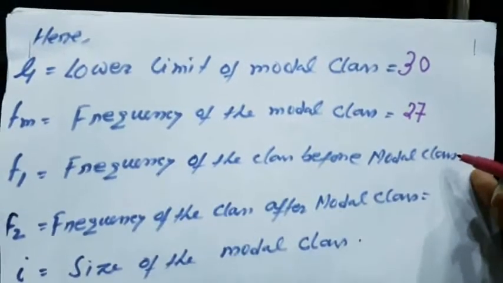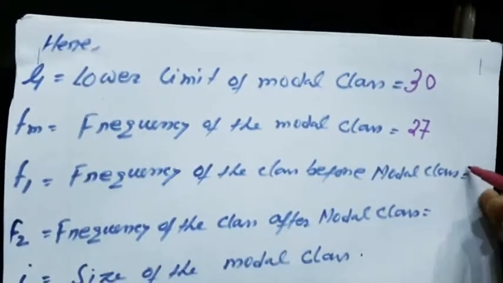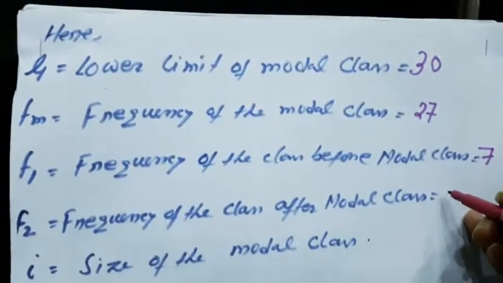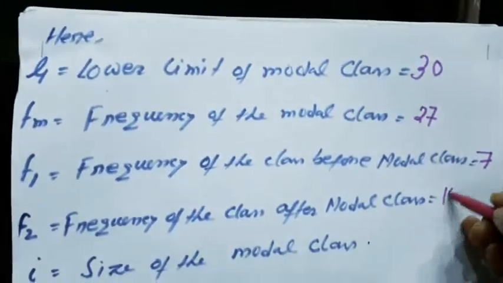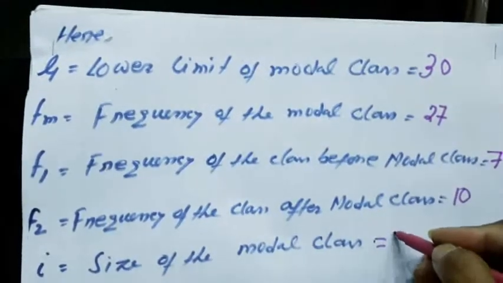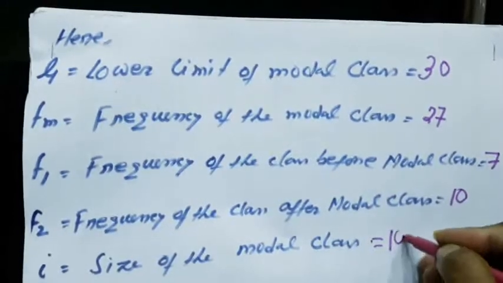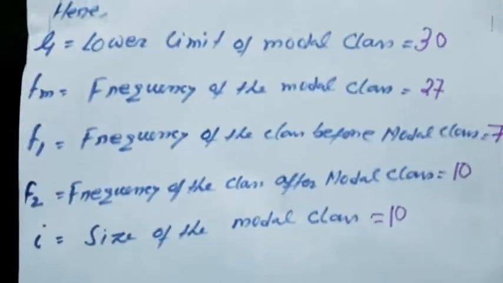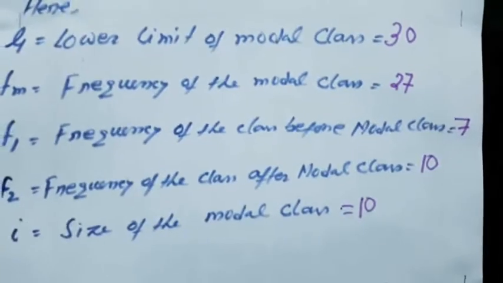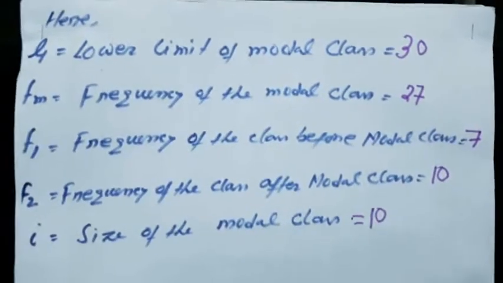F1 is 7. F2 is 10. The size of the modal class is also 10. Now we will put all these values in the formula.